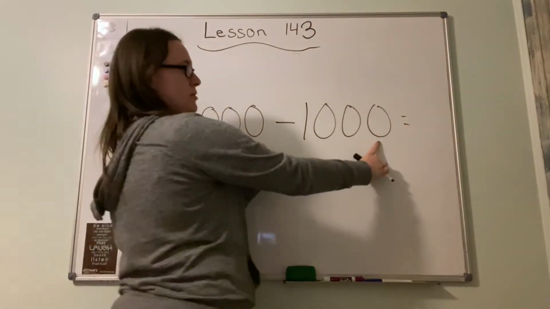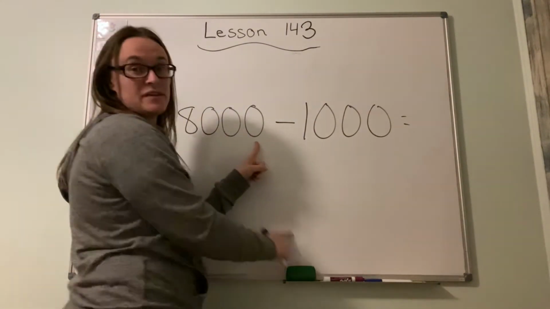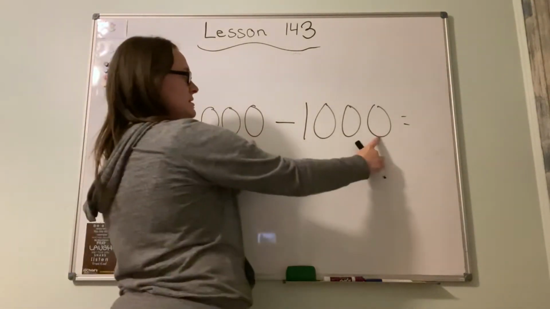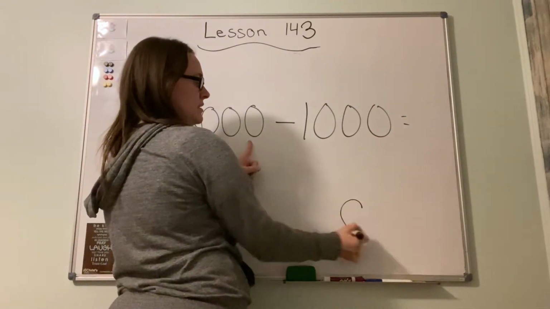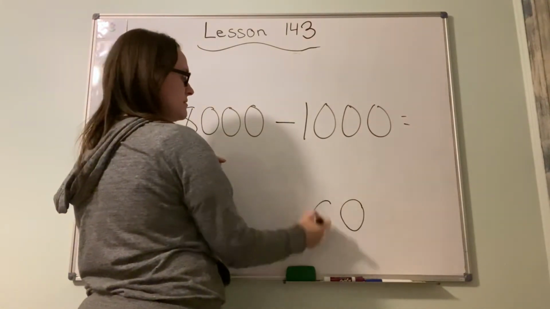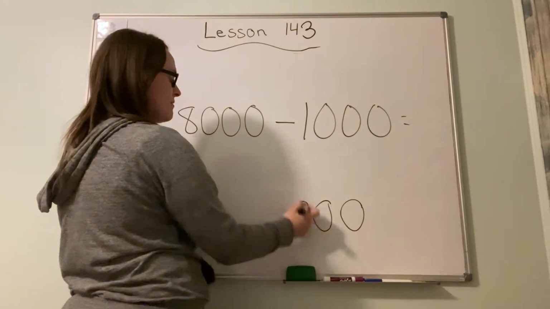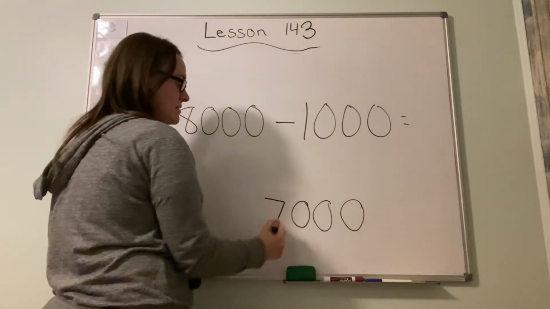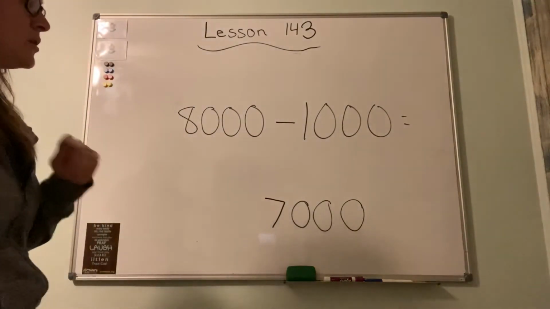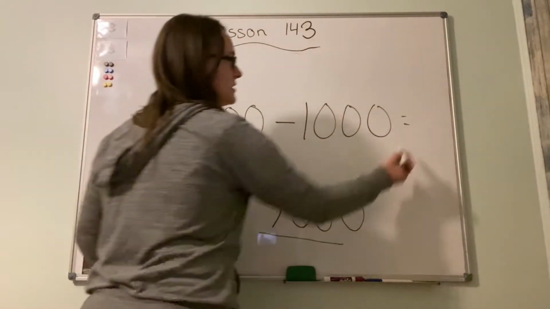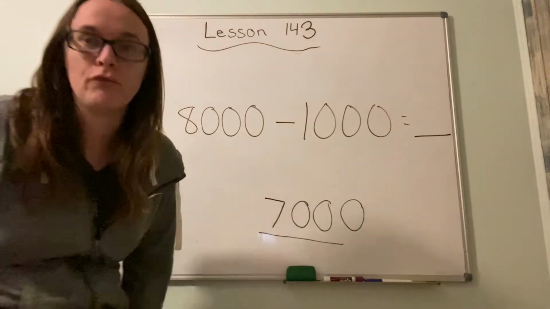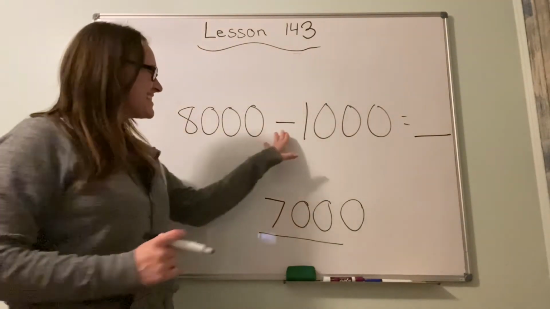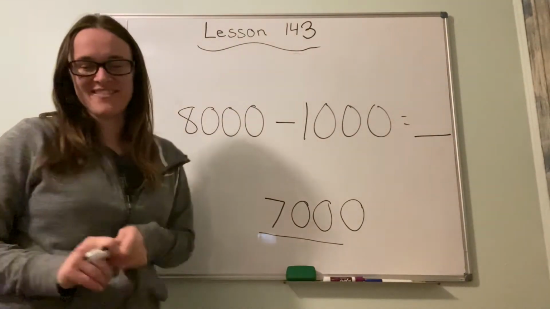Remember, start with the ones: 0 take away 0, 0; 0 take away 0, 0; 0 take away 0, 0, right? You have 8. Can you take 1 away? You can. Gives you 7. So we got 7,000. 8,000 minus 1,000 equals 7,000.